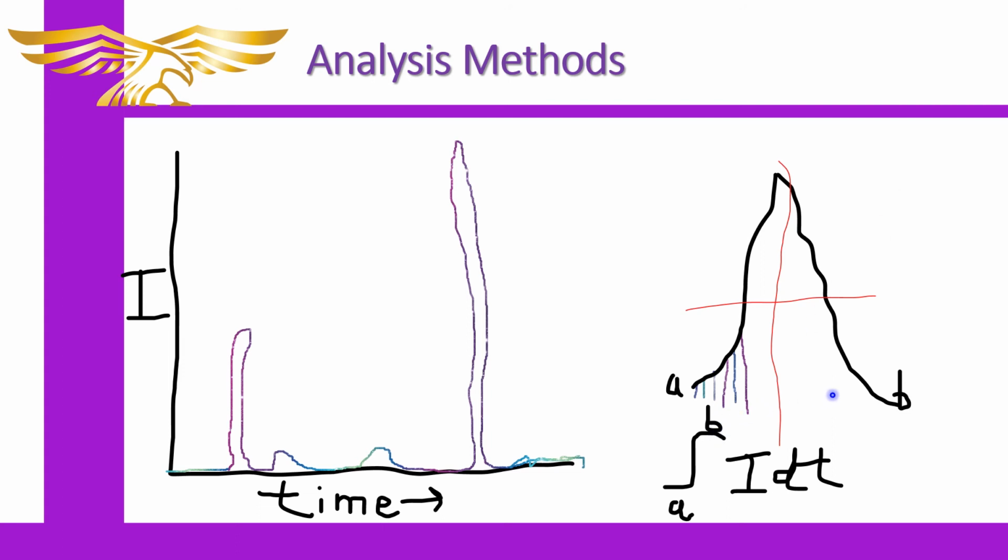Another way of approximating it would be to draw a small rectangle that encompassed the peak and ignore the space in between, and so it would have a little bit of error, but it would be kind of a rough approximation. So those are different kinds of ways of doing it when you have something like that.